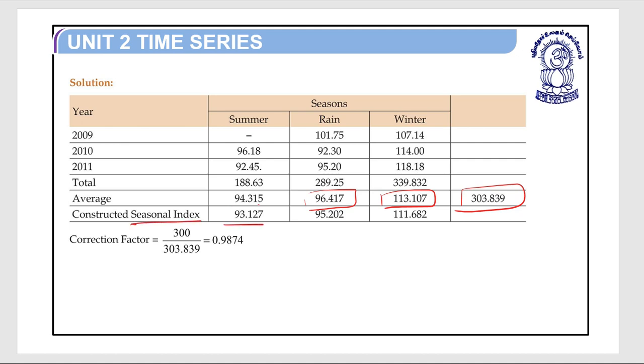The corrected seasonal indices are 93.127, 95.202 and 111.682.